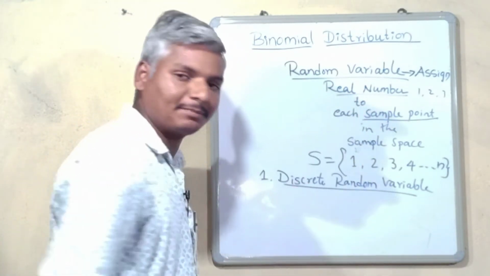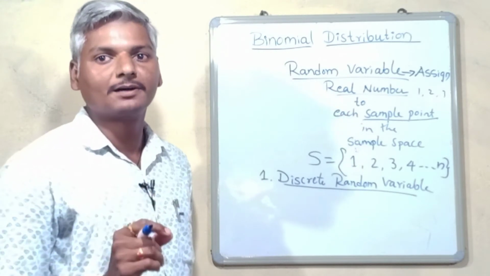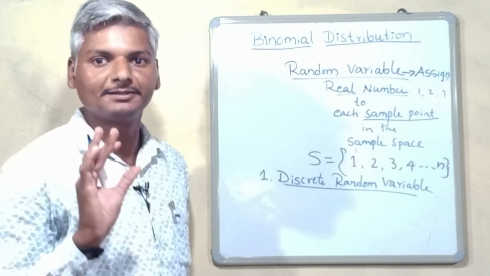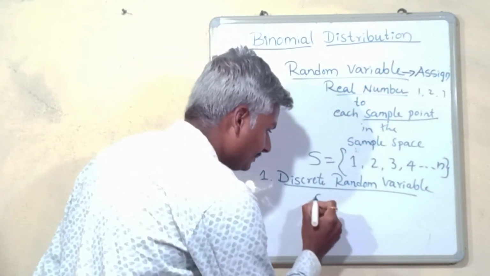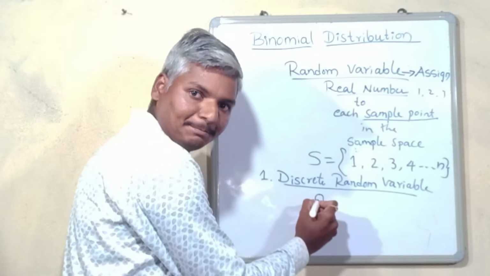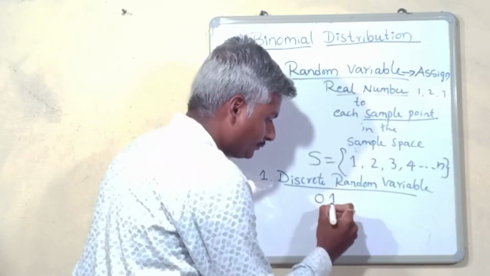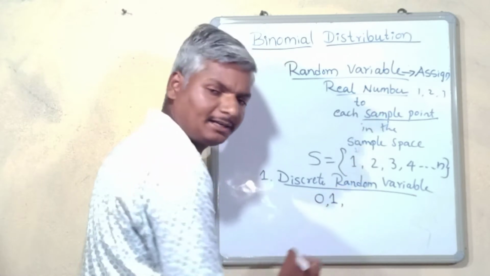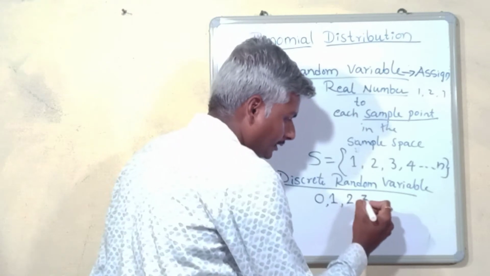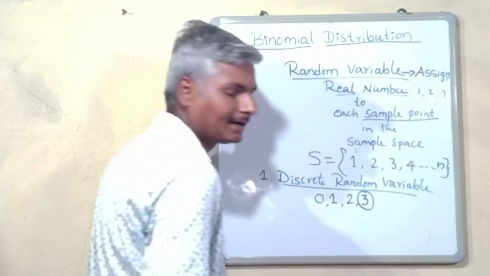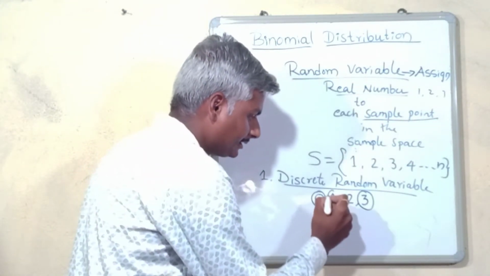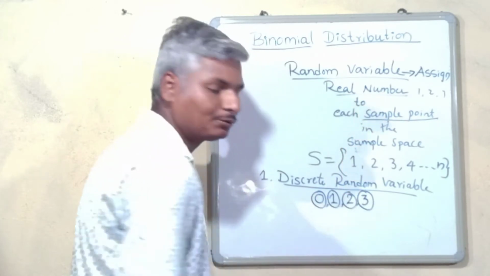Or take an example of a random variable, the number of male children in a family having three children. There may be no male child, that is zero, one male child, two male children, at most three male children.